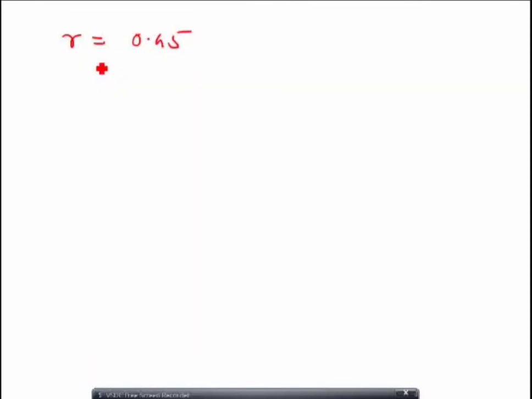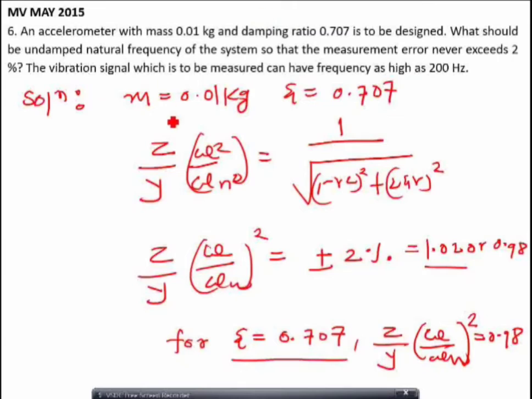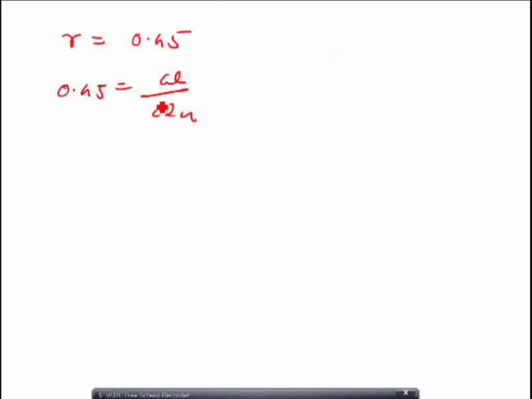I am getting r equal to 0.45. Now we know that r, 0.45, is equal to omega upon omega n. They have given in the problem that the vibration signal which we measure can have a frequency as high as 2000 Hz, which means the maximum excitation frequency should be 2000 Hz.